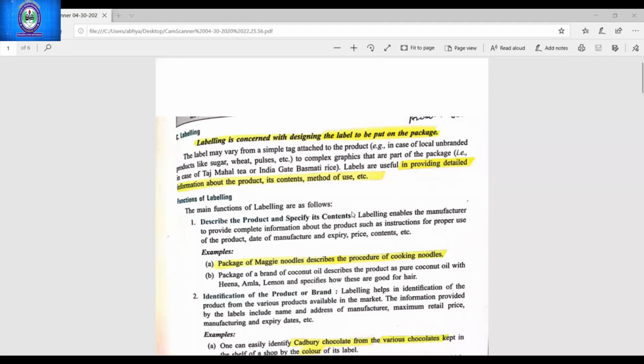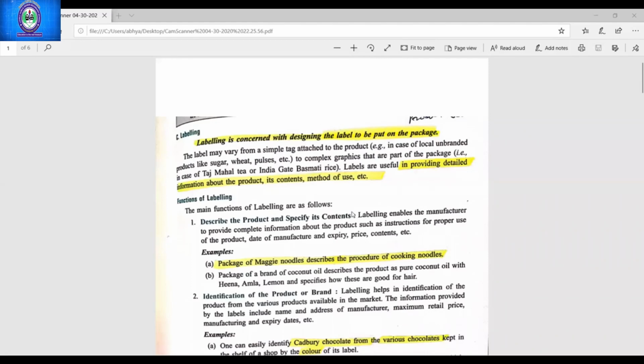And mostly the ingredients may also be there. So a simple tag is there, which is pasted on that poly bag. It is not made on that poly bag, it is pasted on that poly bag.